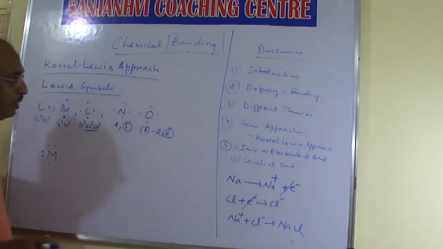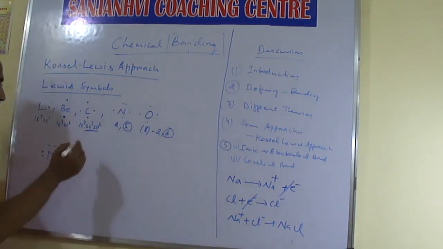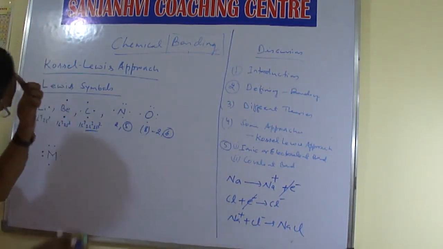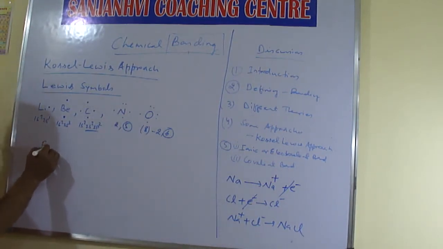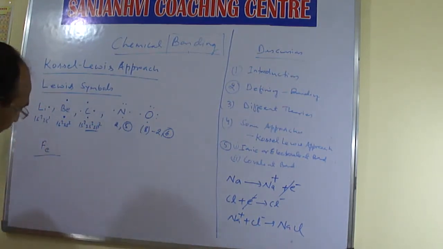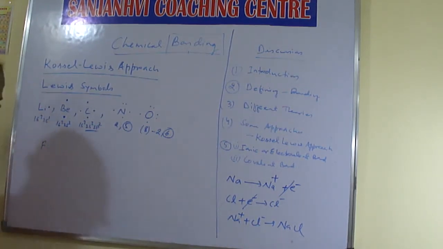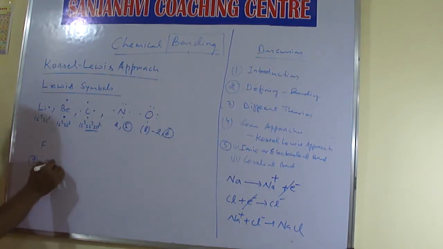Now suppose fluorine is there. Fluorine is F only. What is the atomic number of fluorine? 9. So 9 means it has 2 electrons and 7 electrons.